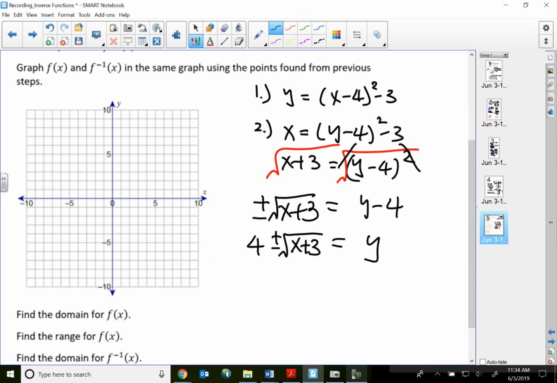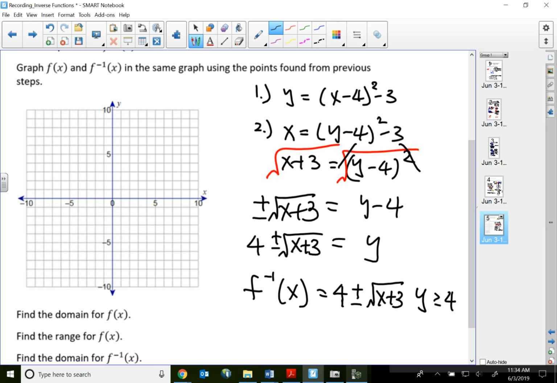So now for my inverse function, it got to be y is greater than or equal to 4. So allow me to write like this: 4 plus minus square root of x plus 3.